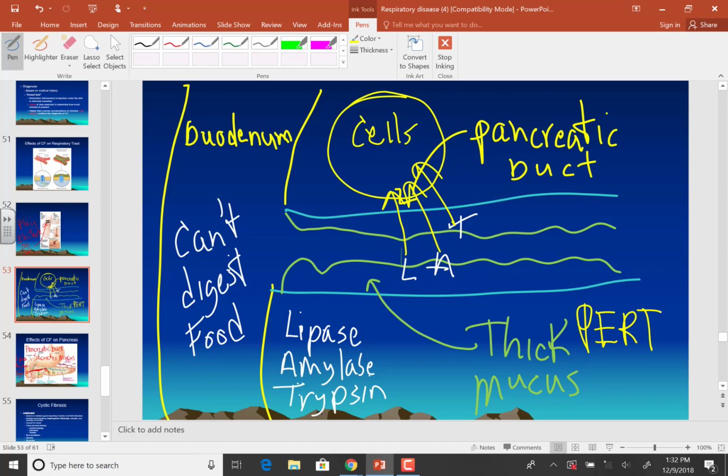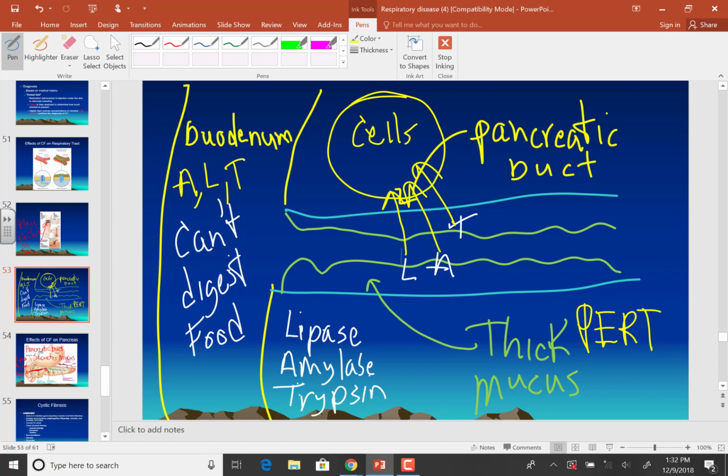And by taking these enzymes, amylase, lipase, trypsin, you can digest the food. They're enteric coated because we know enzymes are proteins and the stomach digests proteins. So they put a special coat on it that will not allow the hydrochloric acid in the stomach to work through it.